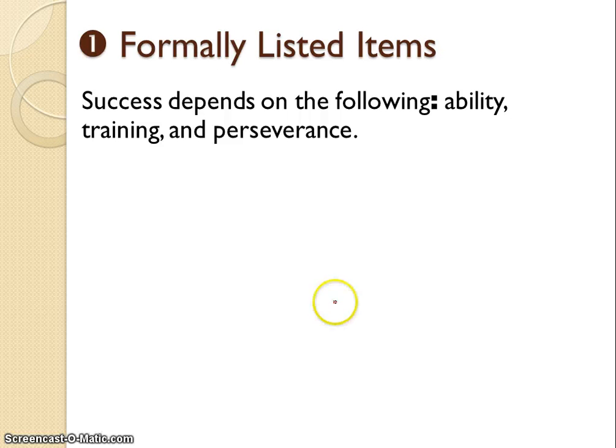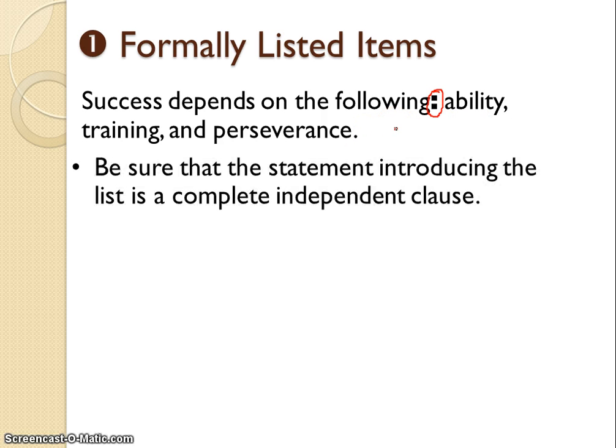You'll notice that success depends on the following, and then there's a list following it. So we put a colon here to denote that we're going to have a list of items after it. We want to be sure that the statement introducing the list is a complete independent clause.